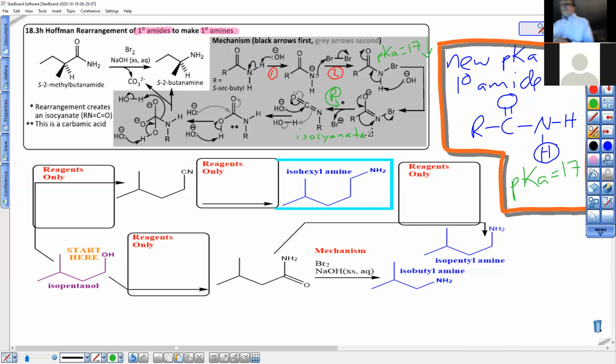This isocyanate, under the conditions of this reaction, is going to undergo a hydrolysis. And it's a base-promoted hydrolysis. So let's see what's going on first. And I stopped numbering my steps. In review, acid base for 1, nucleophilic attack on the bromine for 2, acid base again for 3, rearrangement for 4, hydrolysis begins in 5.